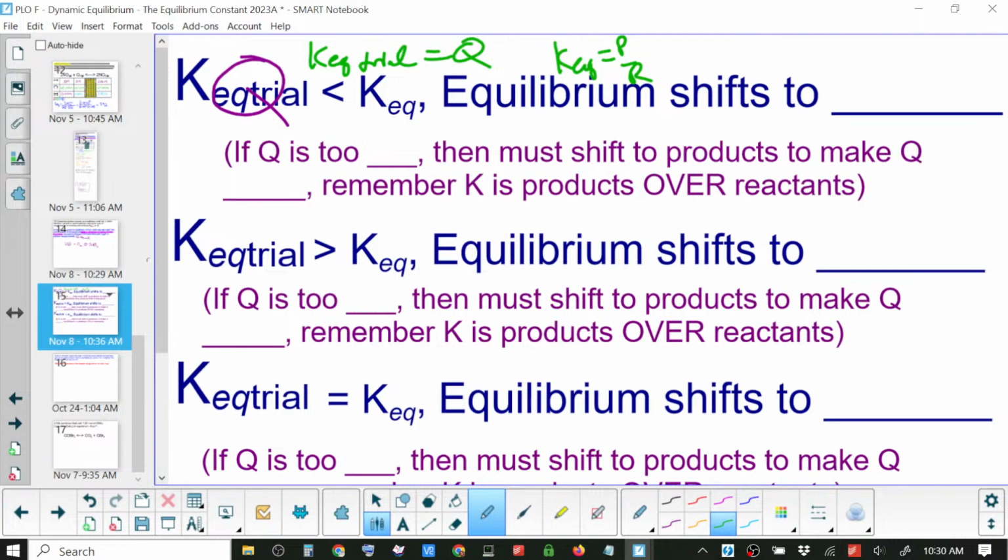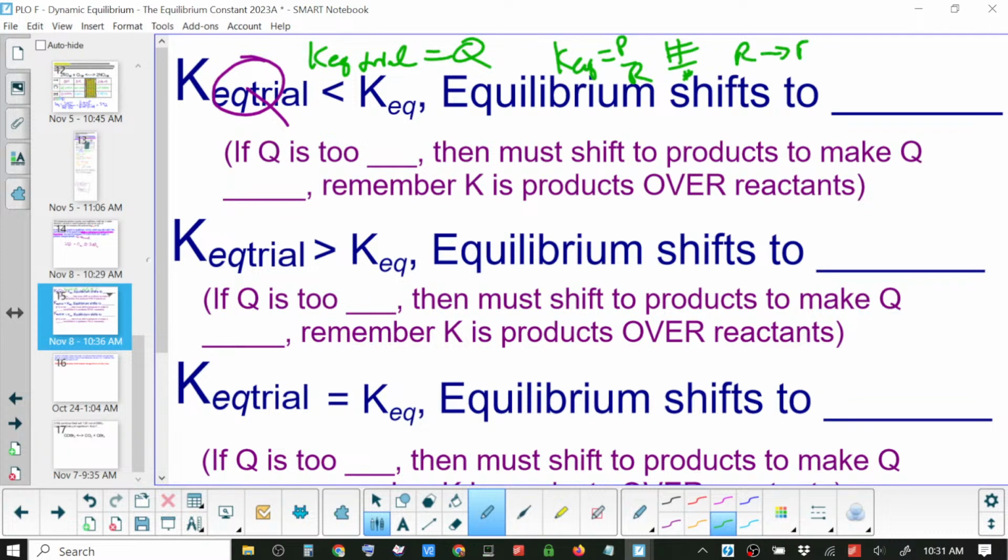The products. If the KQ trial is less than the KQ, then by shifting to the products, you get this number bigger, and this number smaller, you'll end up with an overall bigger number.